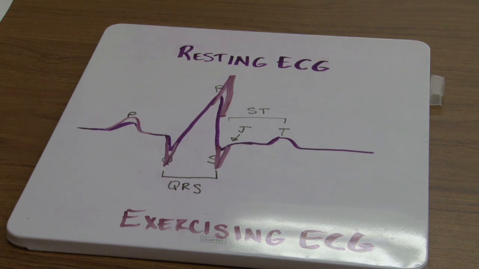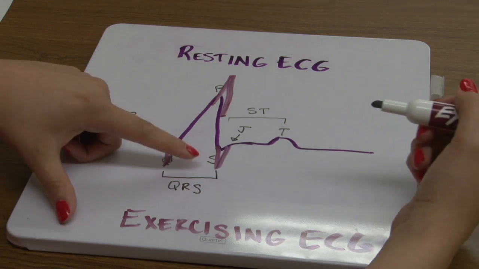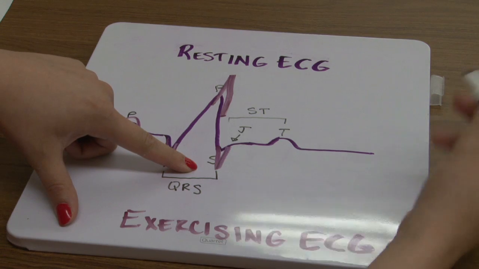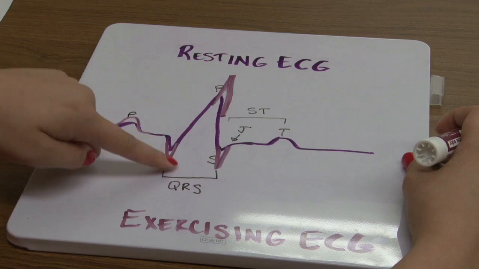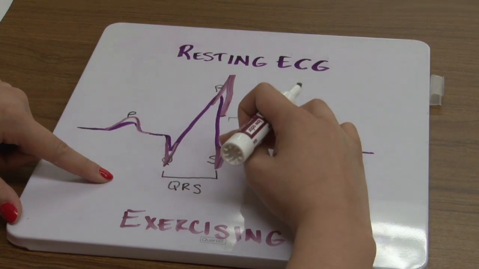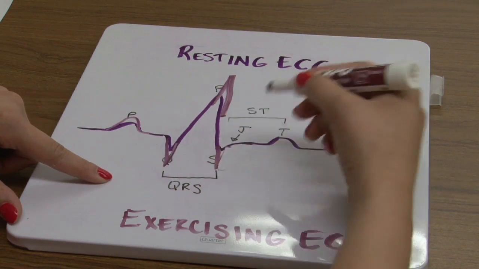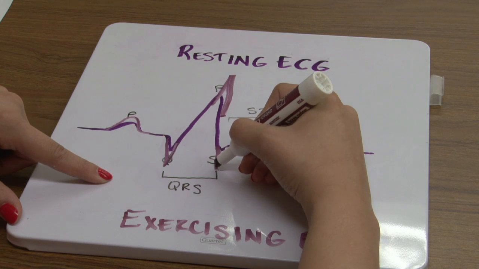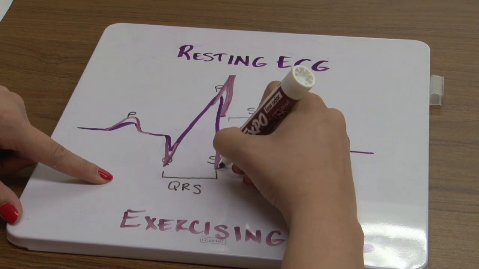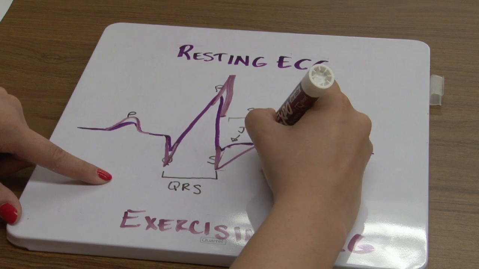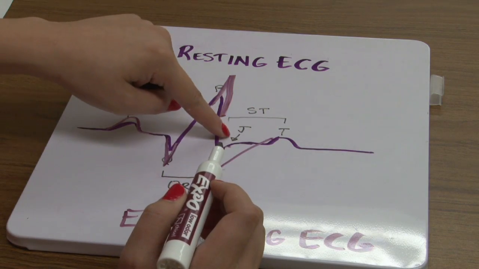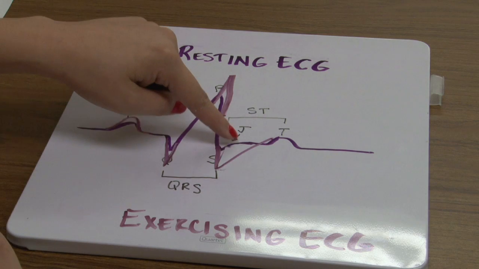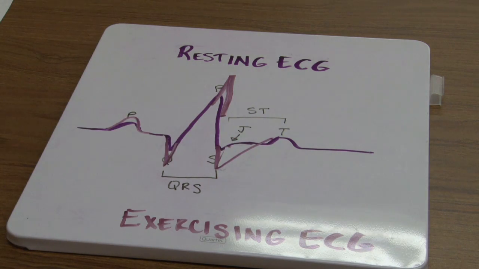Because what we're going to see here at the end of ventricular depolarization and the beginning of ventricular repolarization is that it's going to slope upward. So what we'll see is that while this increases in amplitude, it's also going to start to slant. So you're not going to see this definitive line here anymore. And that's what we mean when we say that the J point is going to depress.